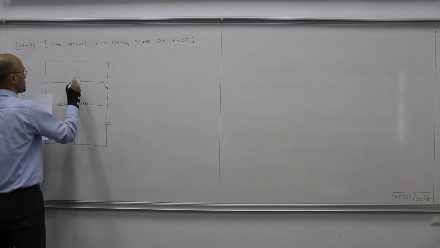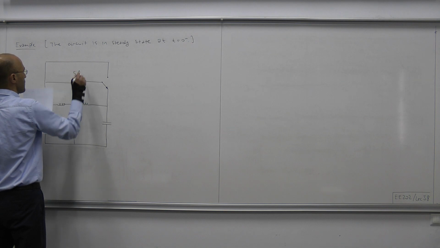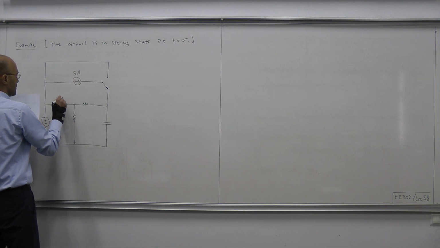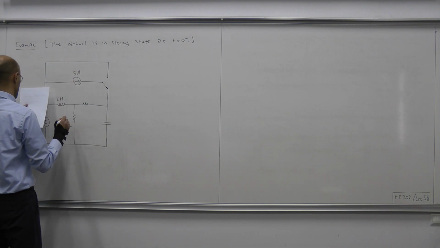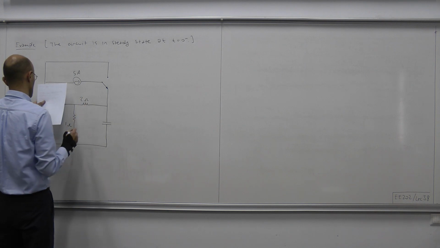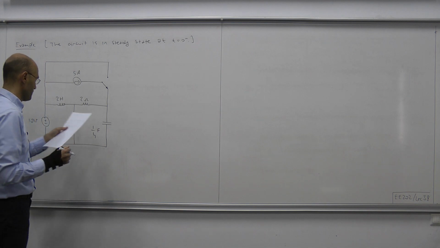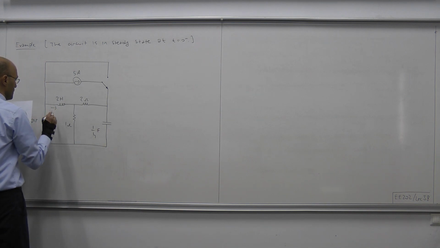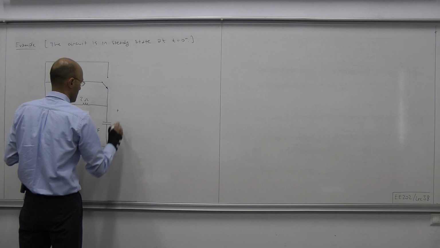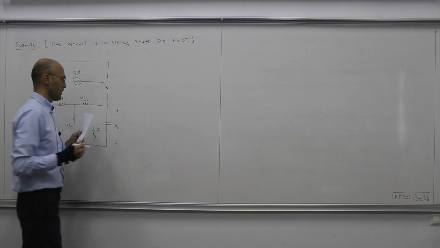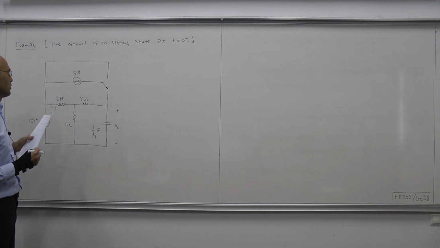Here we have 10 volts, and here we have 5 amps, 2 Henry, 1 ohm, 2 ohms, 1/4 farad, inductor current IL, and this is how we label the capacitor voltage.